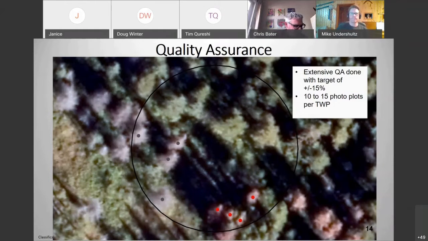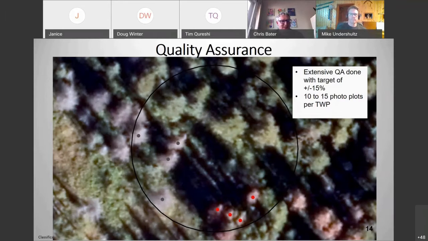In terms of quality assurance, Brooks Horn, one of the co-authors on this study, looked at 10 to 15 randomly established photo plots per township. And for a township to meet our standards, they had to be within plus or minus 15% accuracy for identifying red and green trees.